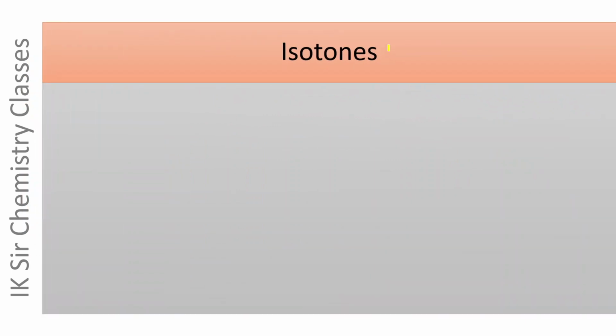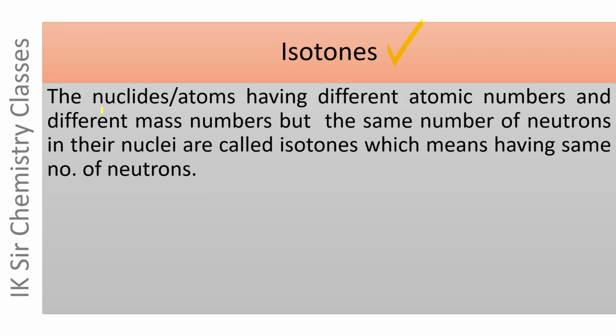There is another term, isotones. The nuclides or the atoms having different atomic numbers and different mass numbers, but the same number of neutrons in their nuclei, are called isotones, which means having the same number of neutrons. Let us see it again.